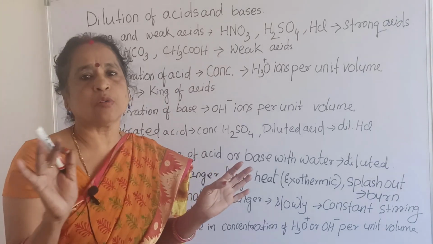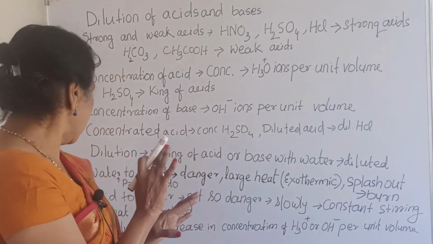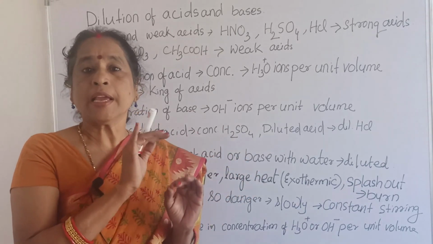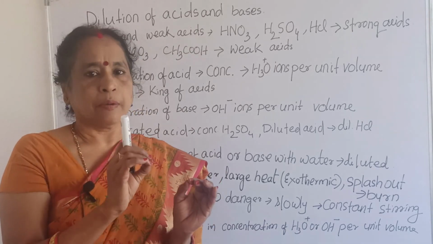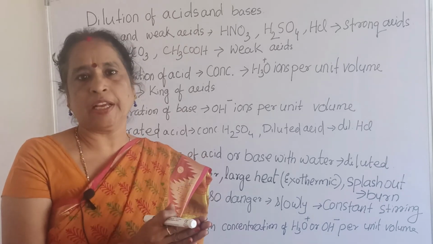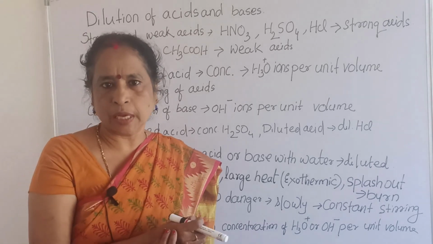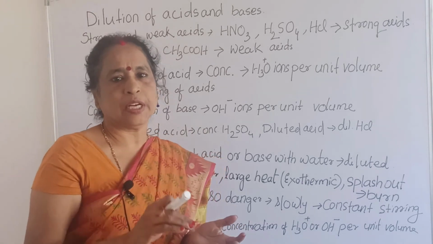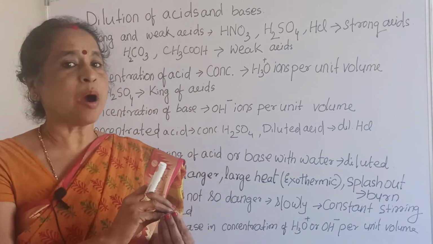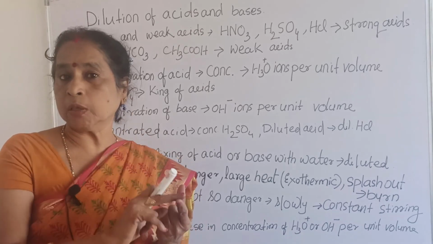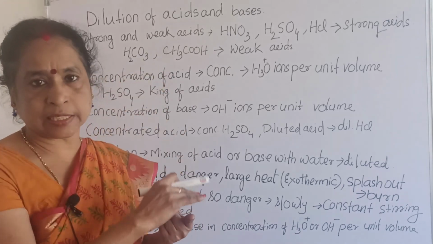Here no large amount of heat is produced, nothing will splash out, and the heat will be controlled. Heat will be produced, but you wait 10 minutes, 5 minutes. After general cooling, you add acid 1 ml by 1 ml slowly and stir it properly. Now the acid is diluted. What amount of acid you will take will be calculated in the lab, and that will be clear in chemistry in 11th class.